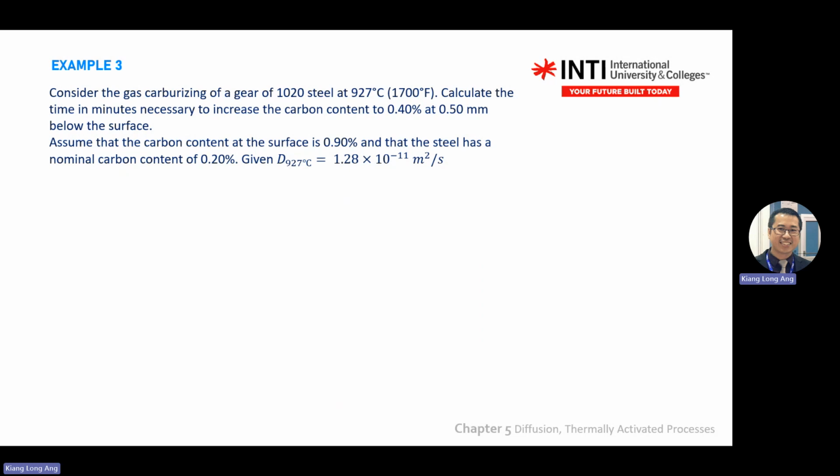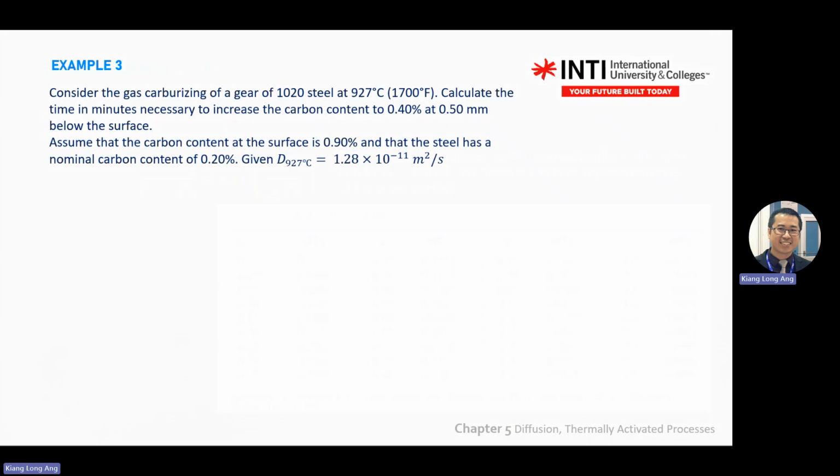Calculate the time in minutes necessary to increase the carbon content to 0.4% at 0.5 mm below the surface. Assume the carbon content at the surface is 0.9% and the steel has a nominal carbon content of 0.2%. The diffusion coefficient is given.